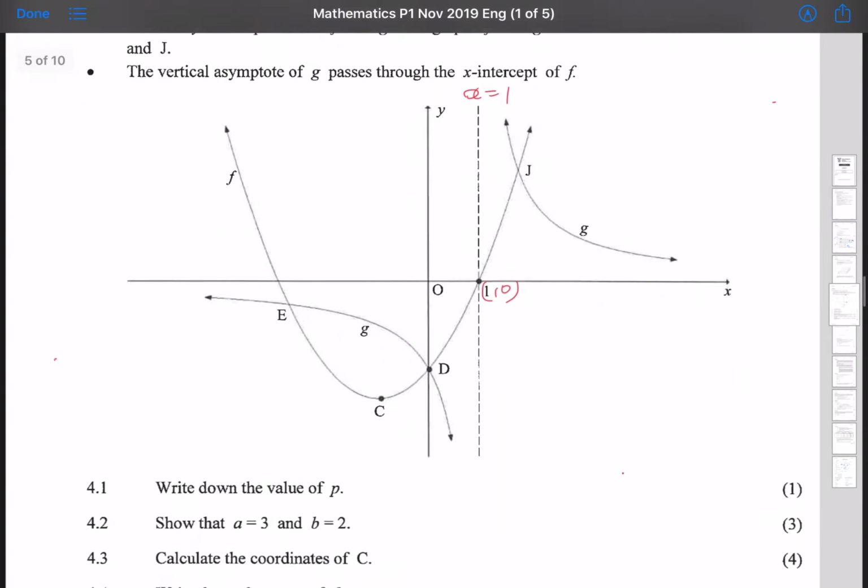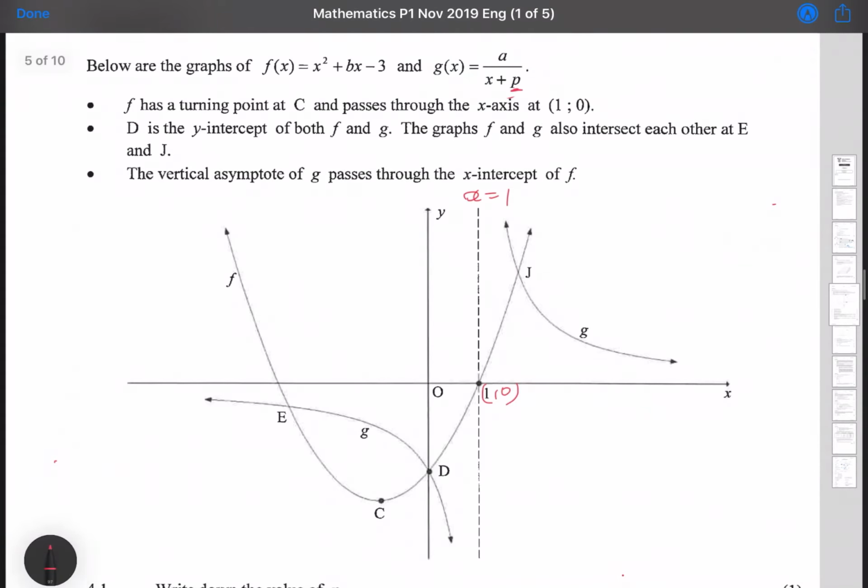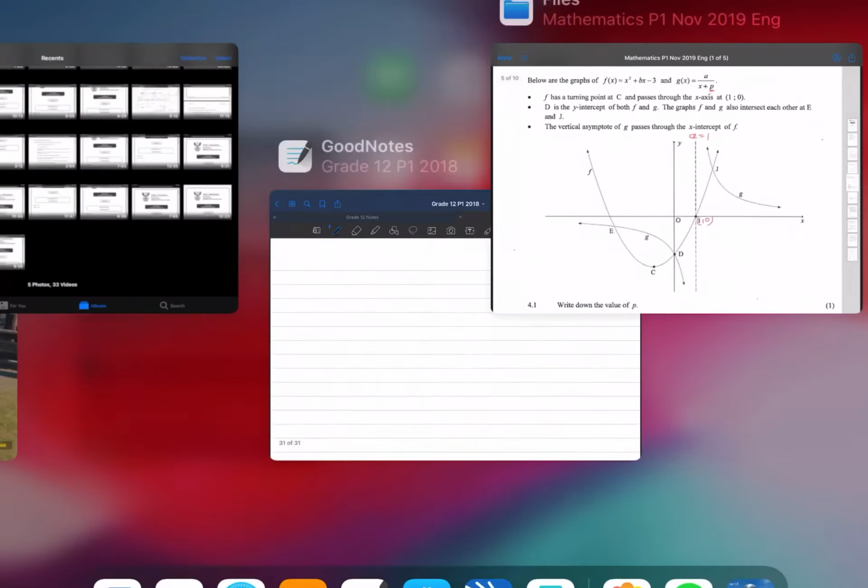Now write down the value of p. So they want you to write the value of p. I just wrote it. This is x equal to 1, but let me just show you some notes first on how I got that.